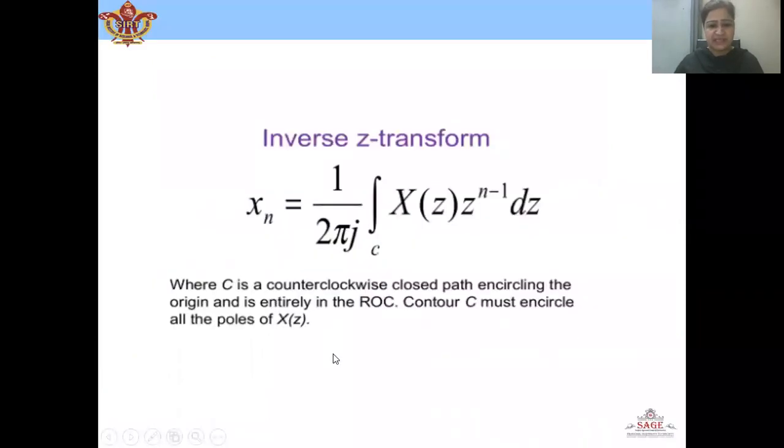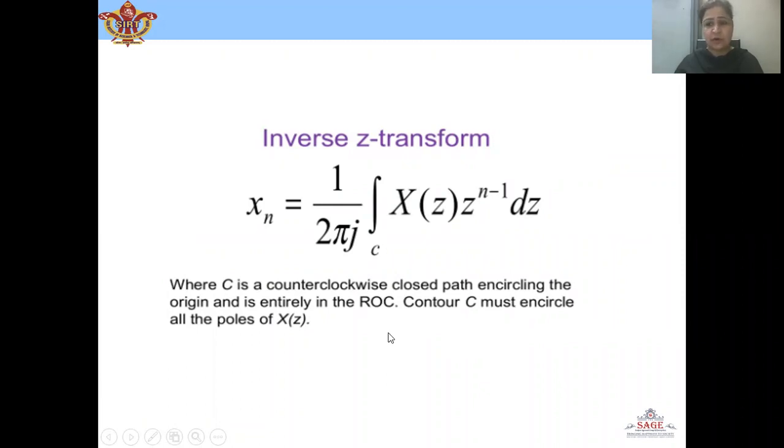In my previous lecture, I have already discussed Z transform and properties of Z transform. Z transform is a tool which is used to convert a time domain discrete time signal into the frequency domain. Now, in this lecture, we will find out about inverse Z transform and the methods to find the inverse Z transform.